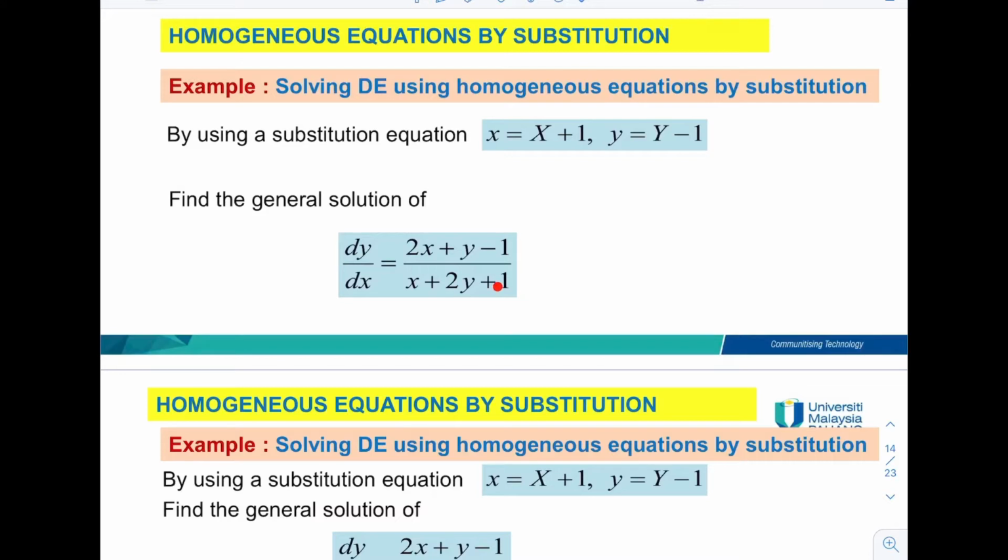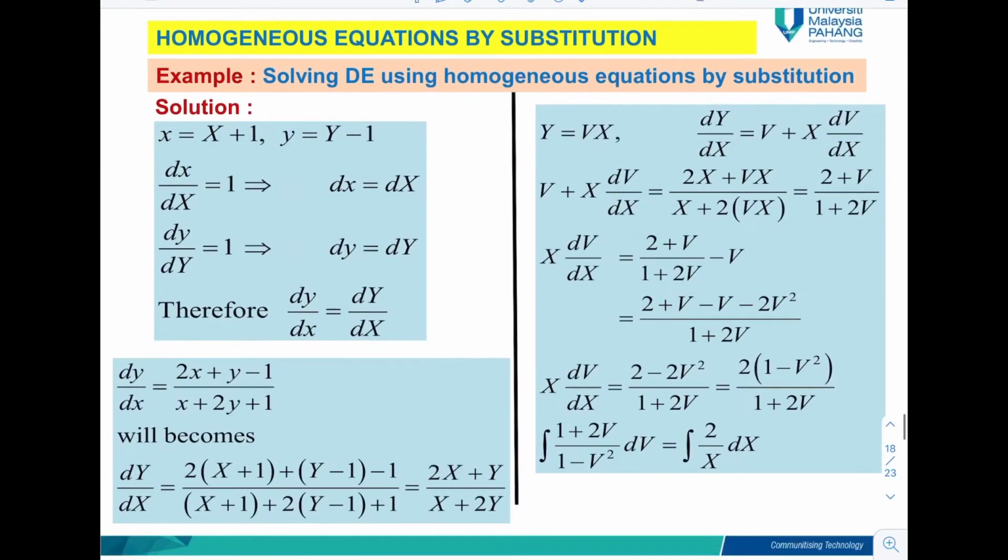Because when you try to prove f(λx, λy) equals f(x, y), you cannot have that. So this one is clearly non-homogeneous, but by using this substitution you can reduce this equation to a homogeneous equation. I show you the working steps over here directly.